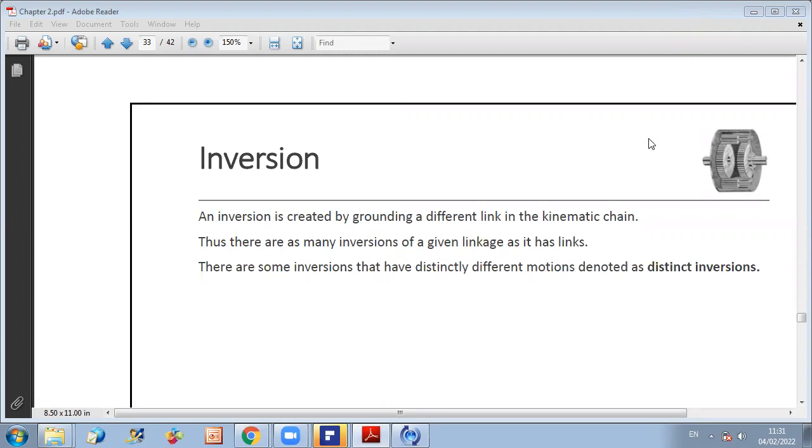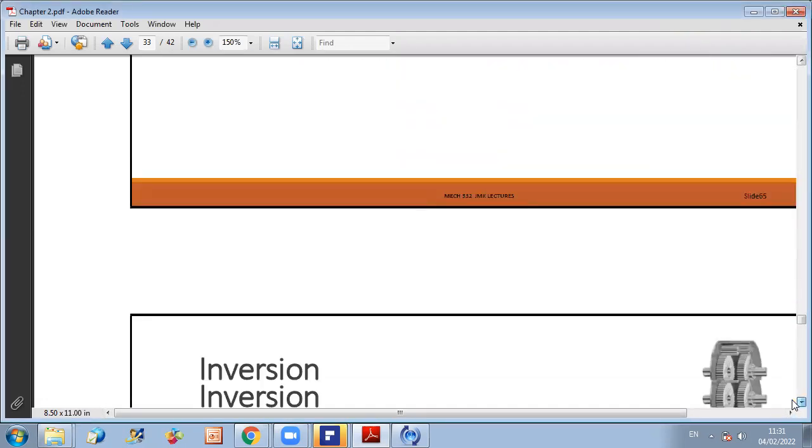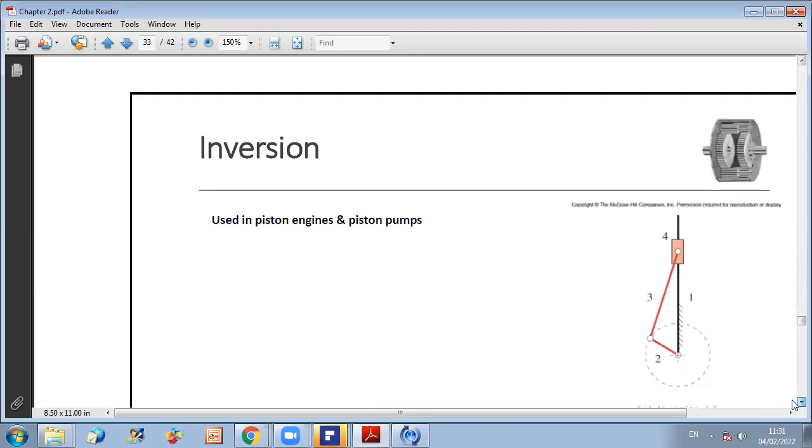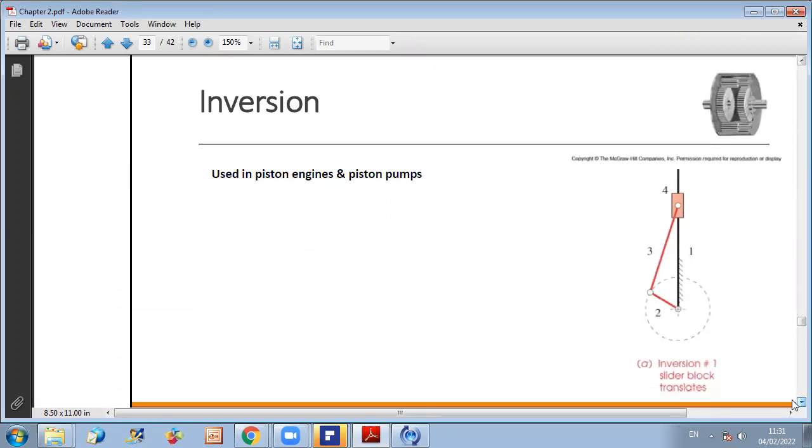To illustrate this, I will go over one example first, which is the system used in internal combustion engines. Okay, you know that the concept of internal combustion engines is to transform the translation of a piston to rotation of your crank. So in this case, the piston should be moving in translation relative to the cylinder.